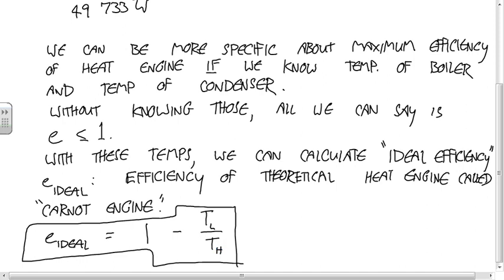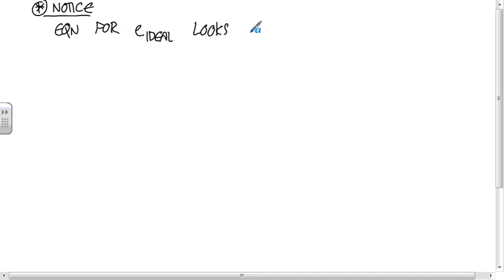So this is helpful, but this equation is something that trips a lot of people up. So be careful on this. Notice that the equation for e ideal looks a lot like equation triple star from before.